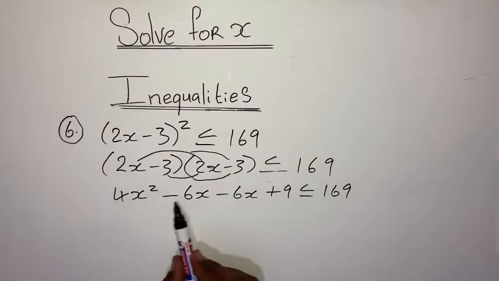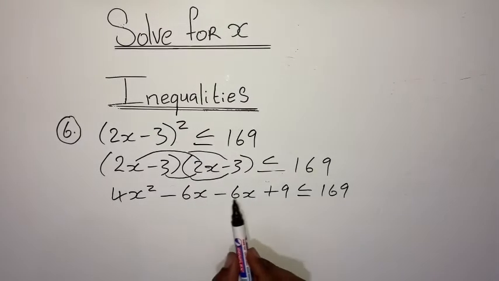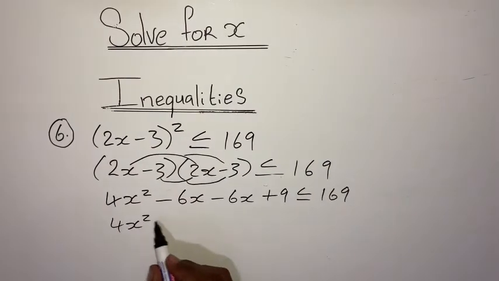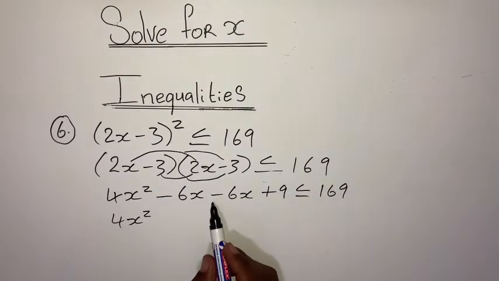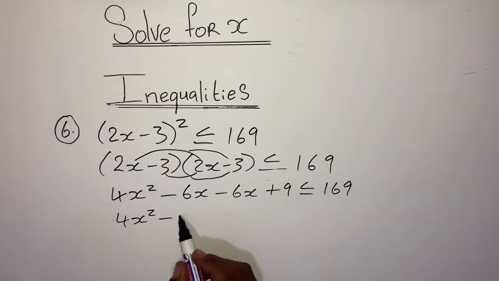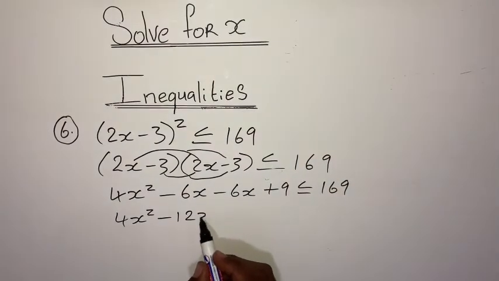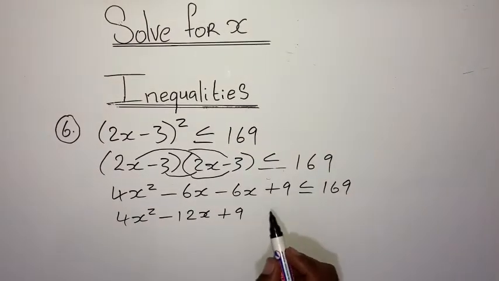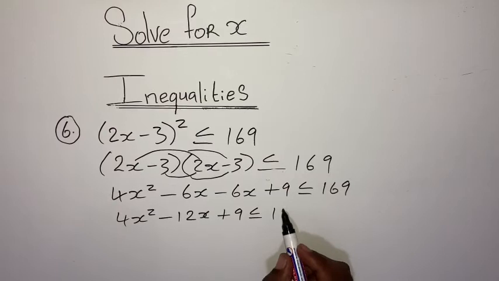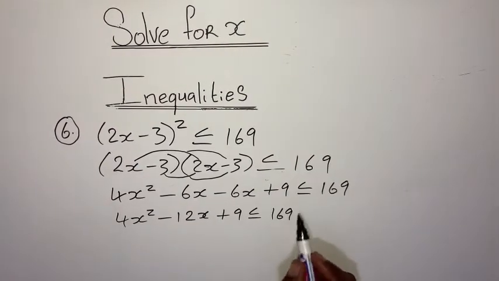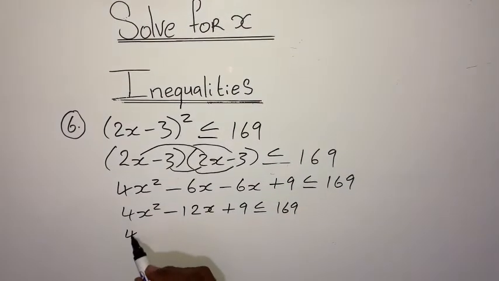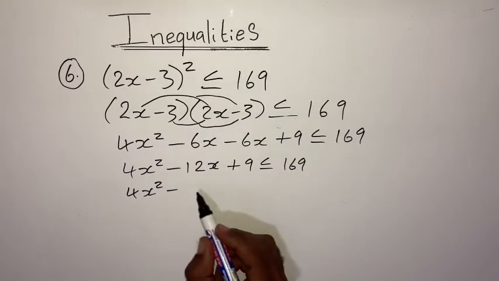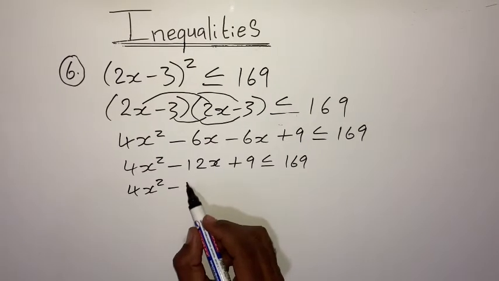Then from here, we are seeing the like terms, so we go for 4x squared, -6x minus 6x, we get -12x. Then with our +9, less or equal to 169. Now we'll have to take that 169 to our equation, which is then minus 12x still.